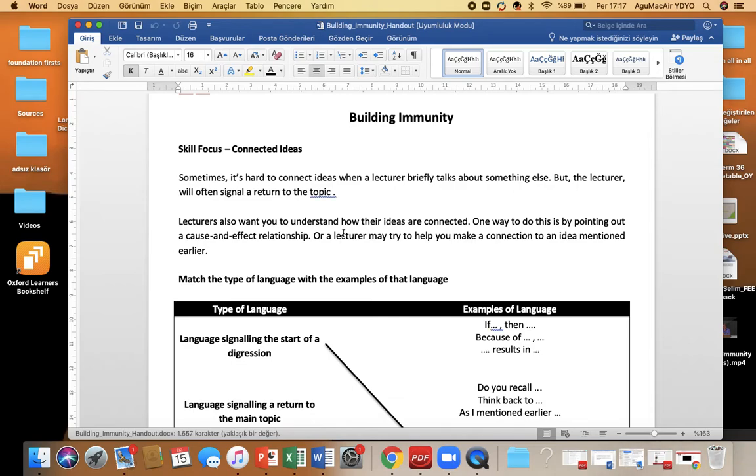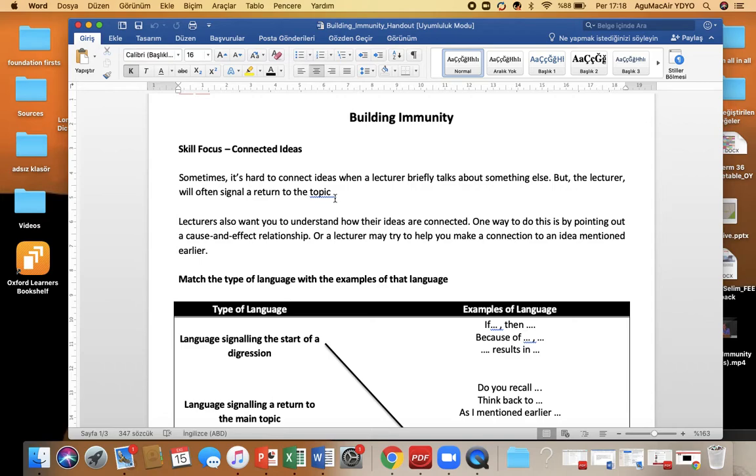Okay, so the name of the skill focus is connected ideas, right? And it says sometimes it's hard to connect ideas when a lecturer briefly talks about something else. So when the lecturer talks about the topics, he or she sometimes wants to talk about something else. But at the same time, he or she wants to signal a return to the topic.